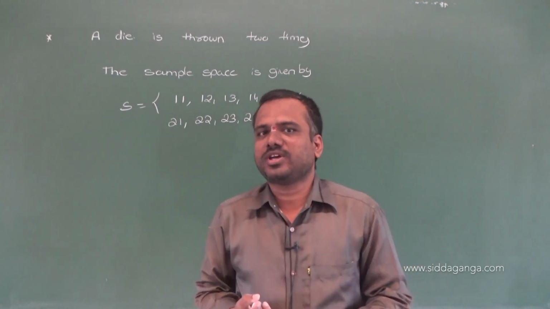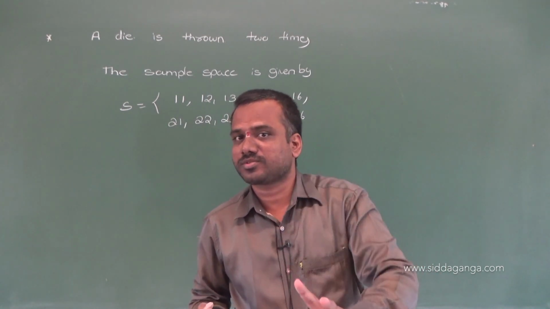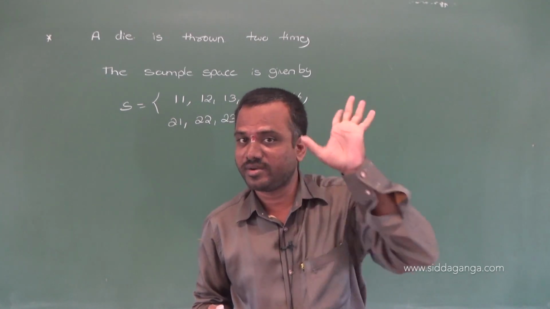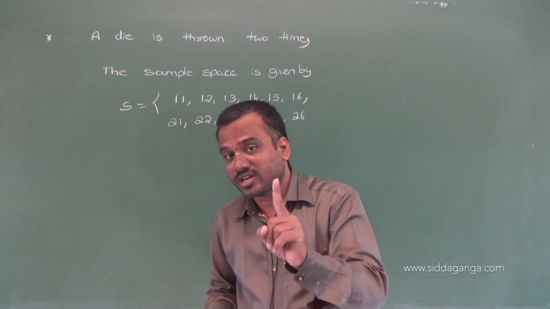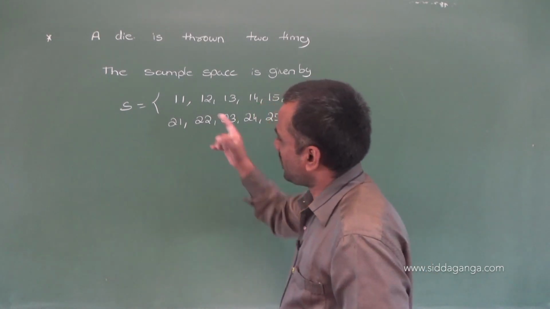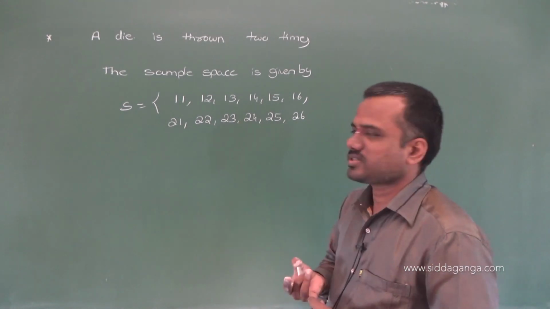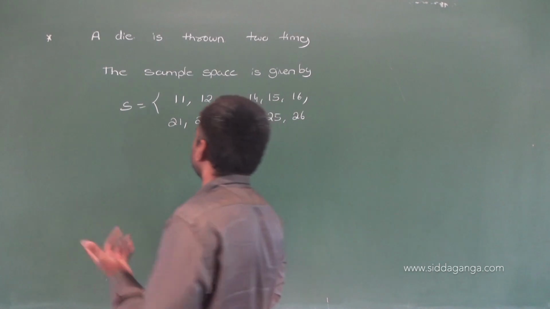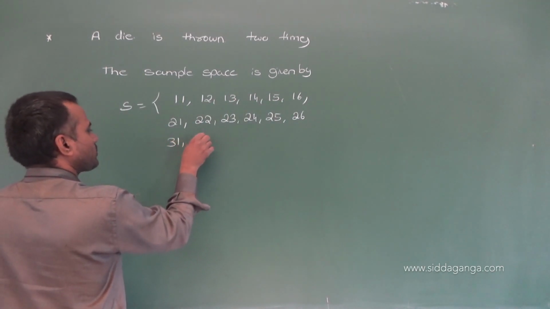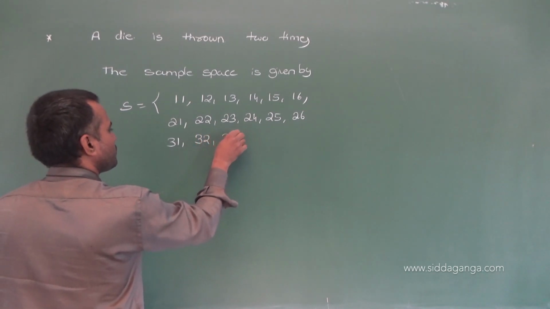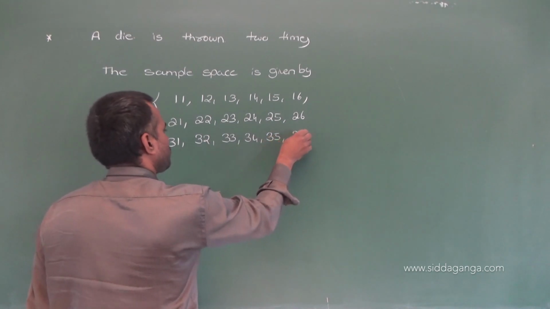This is the easiest method because this is very important. Not only two times, three times, four times, the problems are there in the second PUC. That's why the technique of writing the sample space is very important. So with 1 in the first place, we write the elements; with 2 in the first place, we write the elements. The next, 3 in the first place: (3,1), (3,2), (3,3), (3,4), (3,5), (3,6).